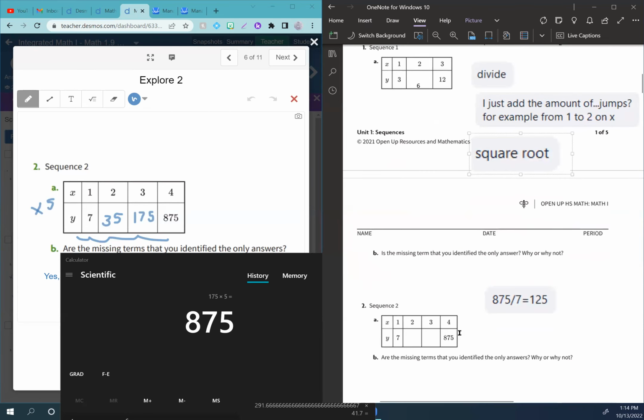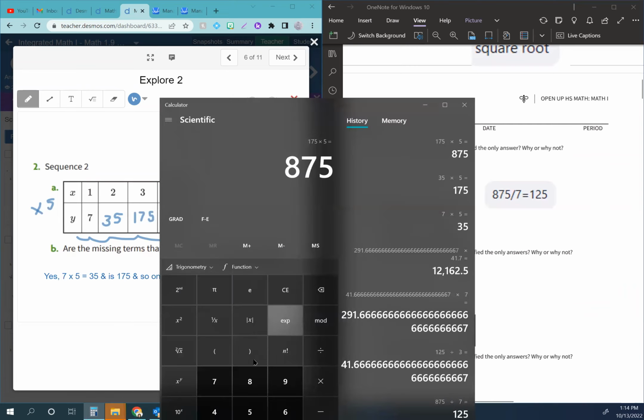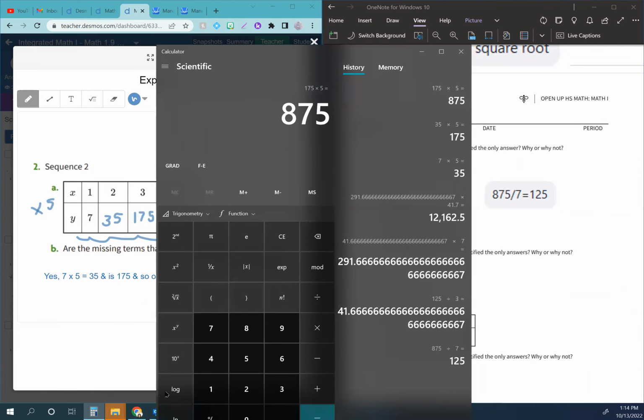Okay. Oh man, because you can't find the square root of 125. It's not going to be the number that we want because we want it to be 5. So I'm going to go with 125 and I take the square root. Yeah, that's not the number I want. I wonder.